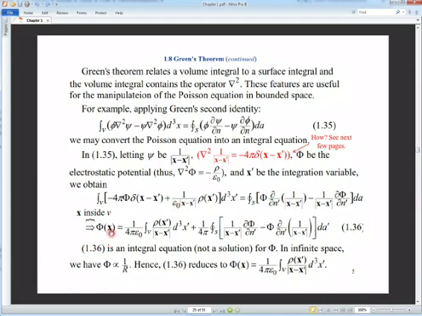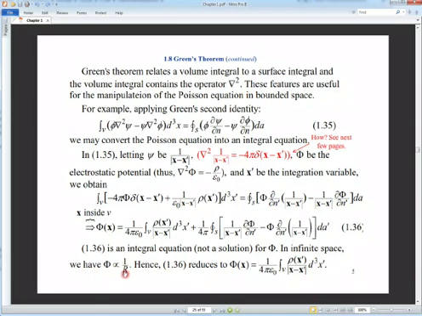So phi is equal to 1 over 4 pi epsilon 0, and this equation 1.36 is an integral equation, not a solution. In fact, for phi in infinite space, we have phi proportional to 1 over r.